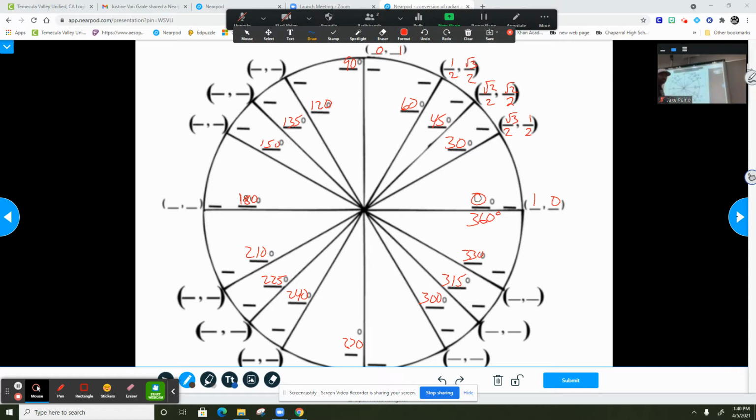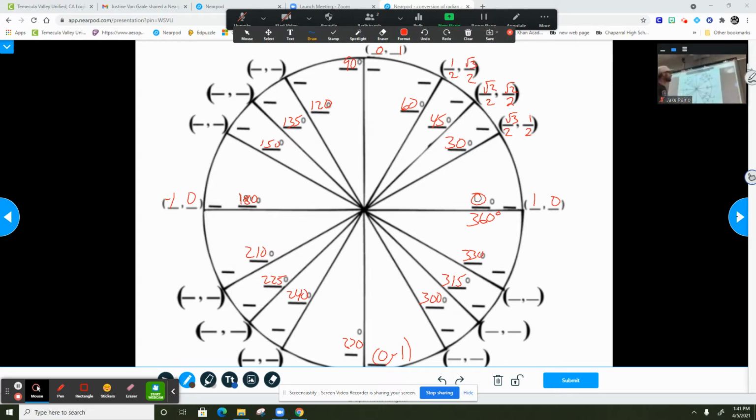For sure, this point here is -1, 0, and this point down here, which is kind of off the screen, is going to be the point 0, -1. Let's write it in there for ourselves, 0, -1. So we definitely know those key points. Now let's figure out the rest.